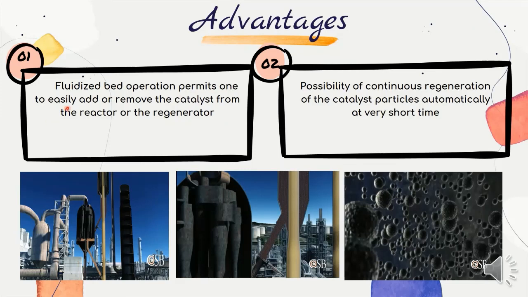Firstly, the fluidized bed operation permits one to easily add or remove the catalyst from the reactor or the regenerator. From this picture, we can see there is the distillator, fluidized bed reactor, and the regenerator. So between this and this, there is a valve here and a valve here.